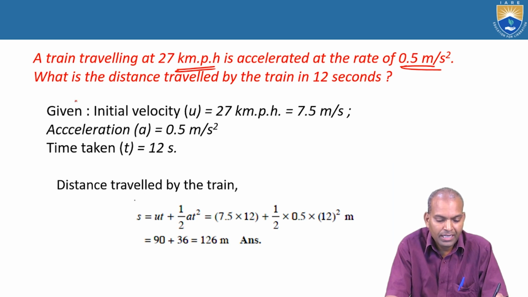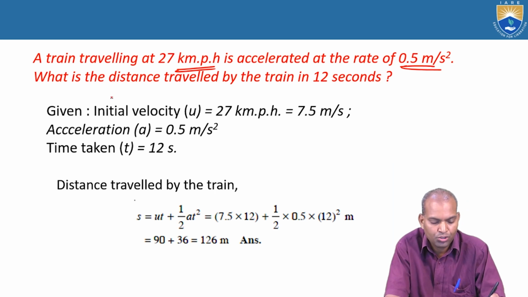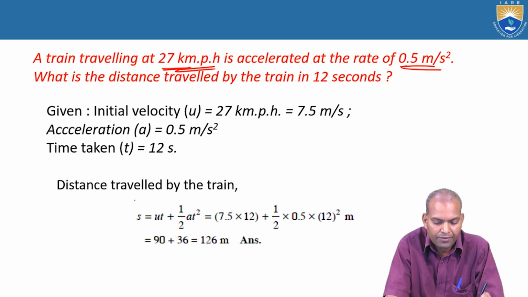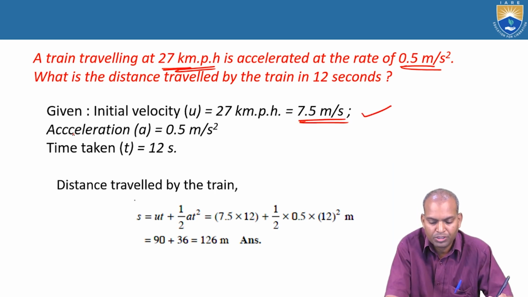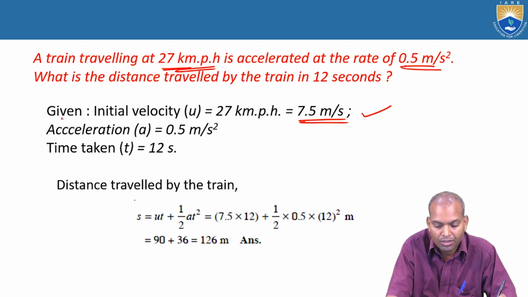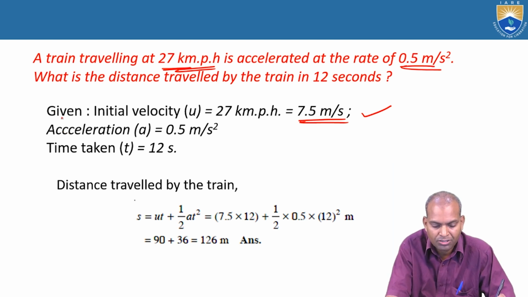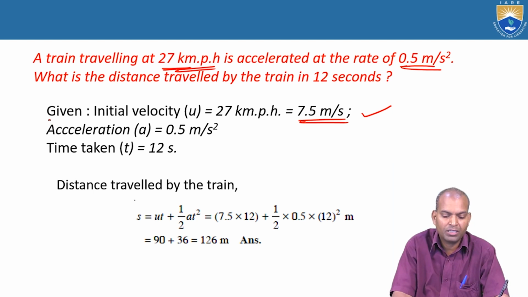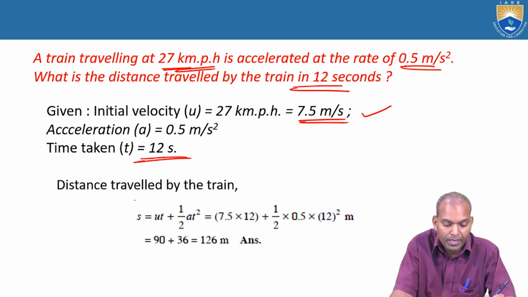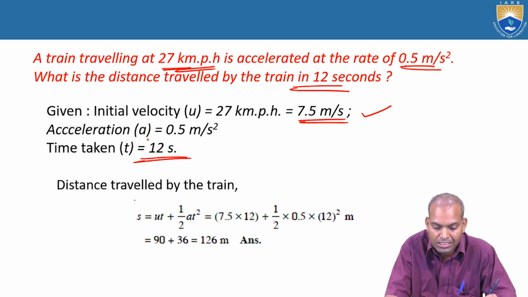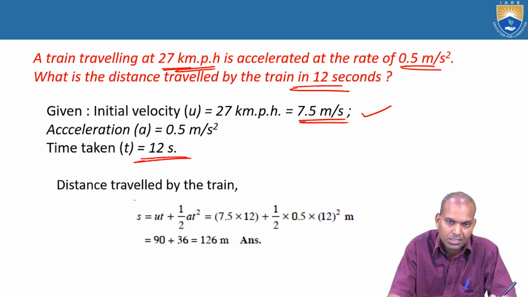The initial velocity u = 27 km per hour, which should be converted into meter per second, that is 7.5 meter per second. The acceleration is a = 0.5 meter per square second, and the time was given as 12 seconds. We need the distance traveled by the train, whereas before it was the distance traveled by the car.